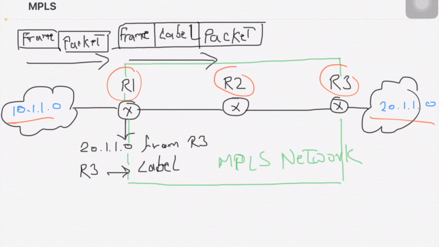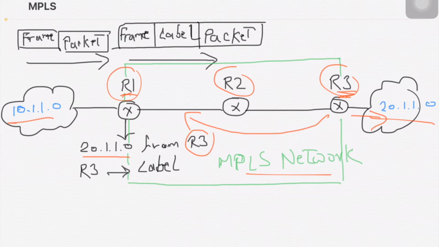The three routers exist in the MPLS network, and router 1 is receiving network 20.1.1.0 from router 3. Router 3 is directly connected to this network and is going to advertise this network through the MPLS to router 1.